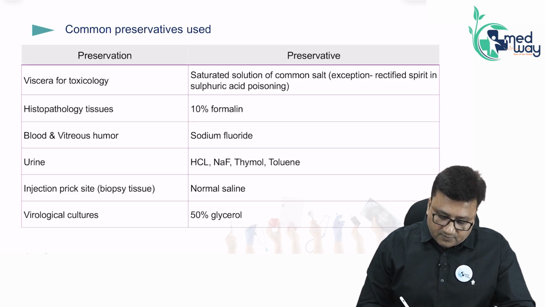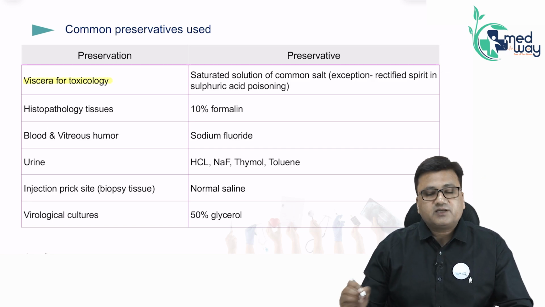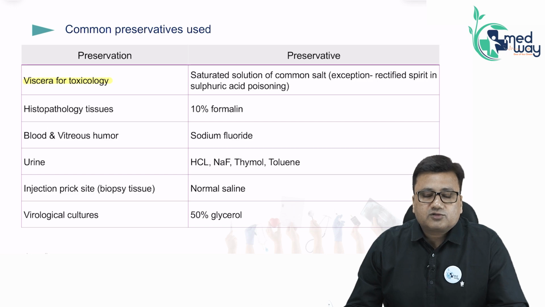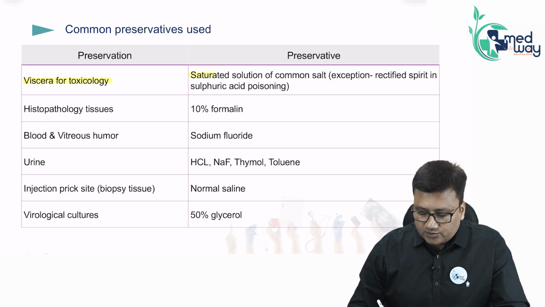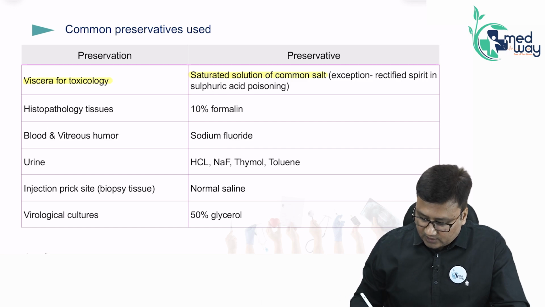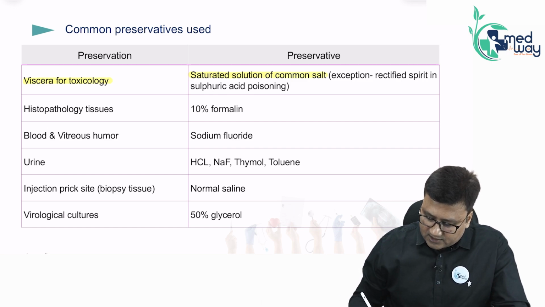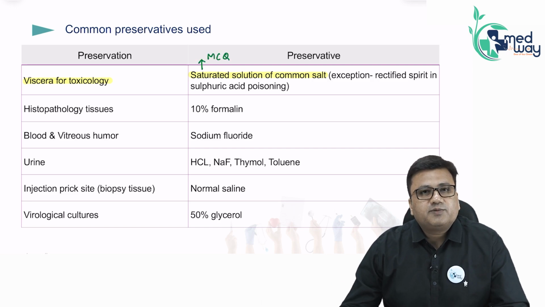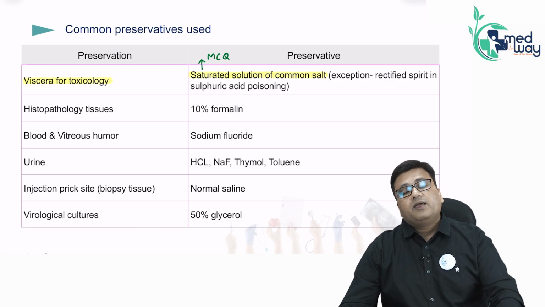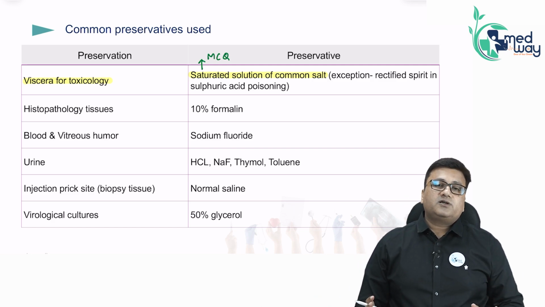The first is, if you are preserving viscera for toxicology, the preservative which is commonly added is saturated solution of common salt. Now, this thing is being asked in examination sometimes, that what is the preservative which is being used for preservation of viscera, and many a times students do not know the answer.